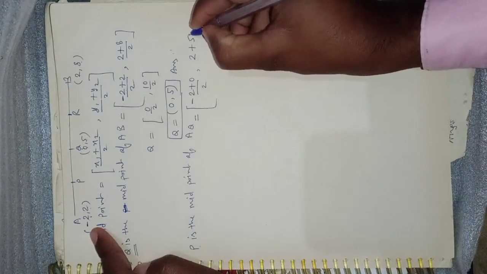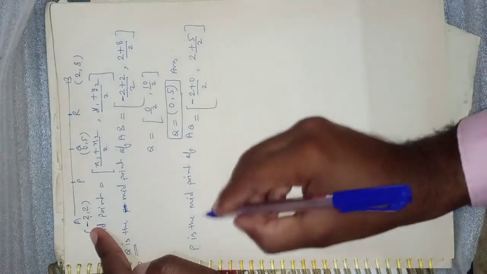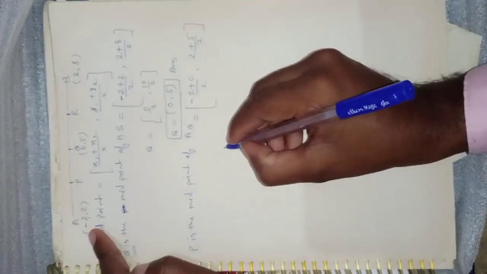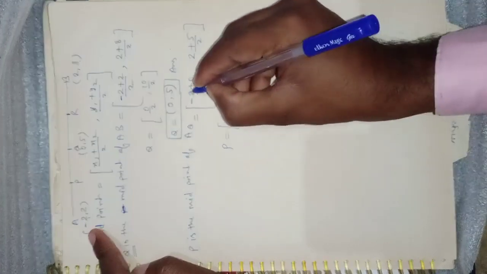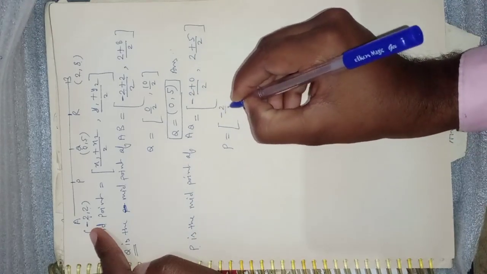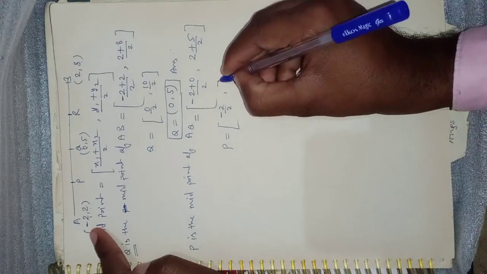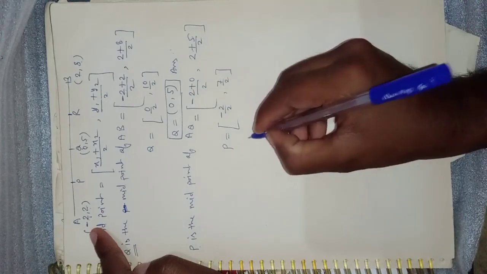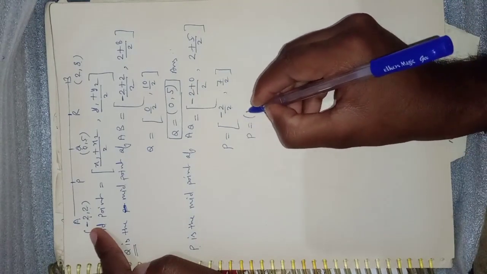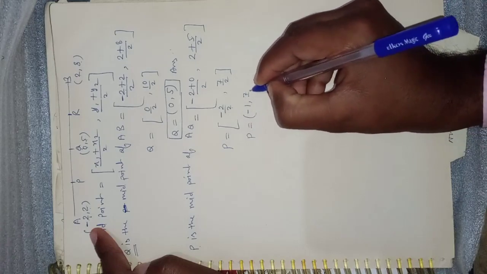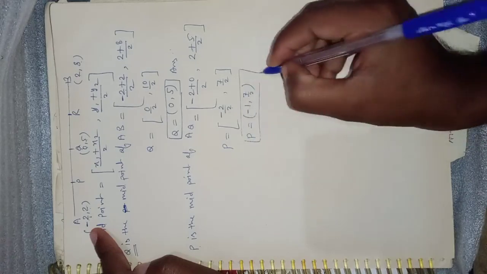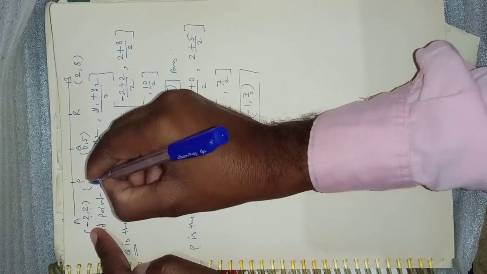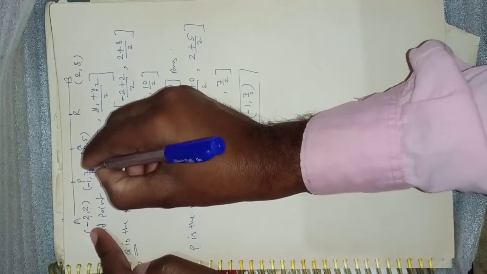This is the coordinate of P. Minus 2 plus 0 is minus 2 by 2, 2 plus 5 is 7 by 2. So minus 2 divided by 2 is minus 1, and 7 by 2 is our answer. P coordinate is (minus 1, 7 by 2).